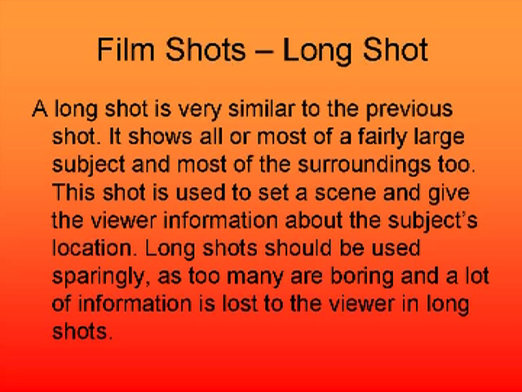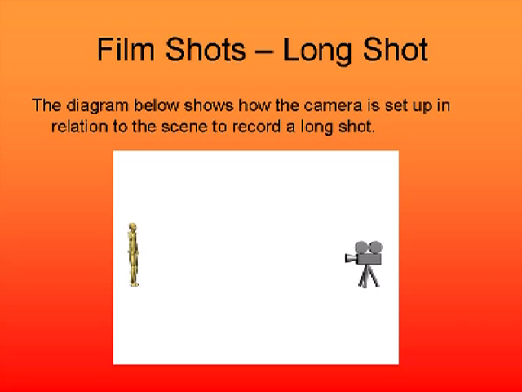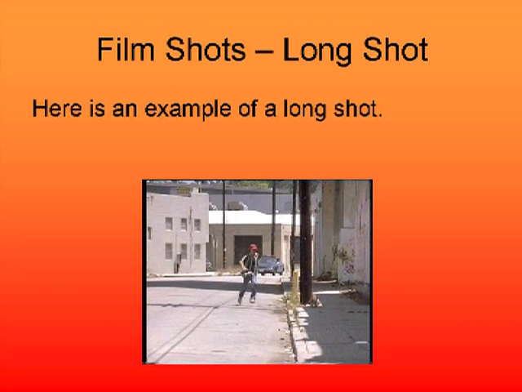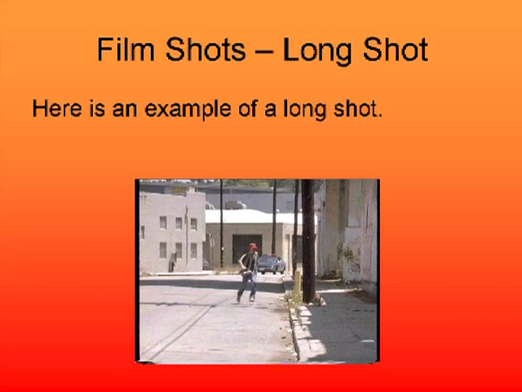It shows all or most of a fairly large subject and most of the surroundings too. This shot is used to set a scene and give the viewer information about the subject's location. Long shots should be used sparingly, as too many are boring and a lot of information is lost to the viewer in long shots. The diagram below shows how the camera is set up in relation to the scene to record a long shot. Here is an example of a long shot.